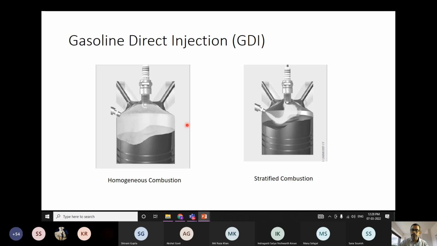Another challenge, not a problem, with the stratified combustion mode is how we can increase the operating range, because at very high speed or very high load condition, maintaining the stratification of the air fuel mixture is a bit difficult.